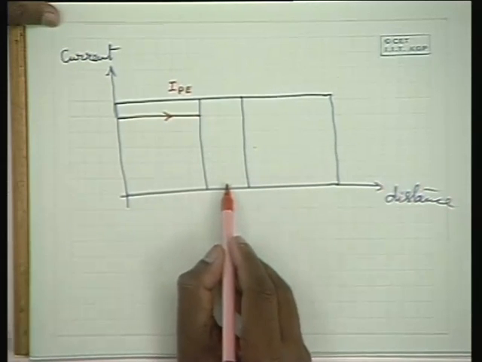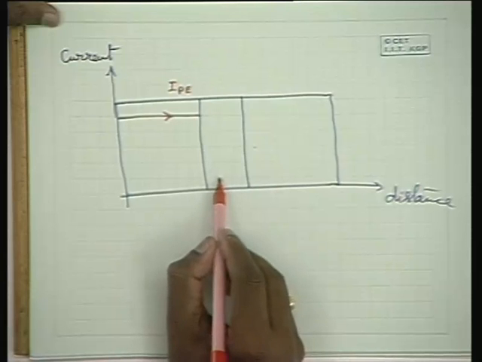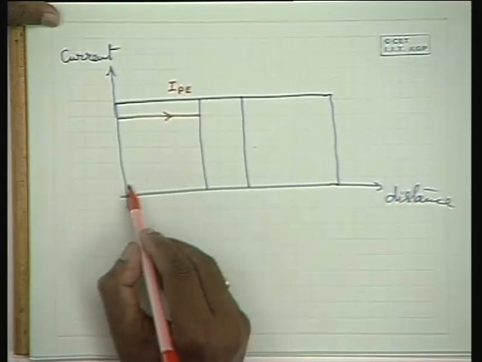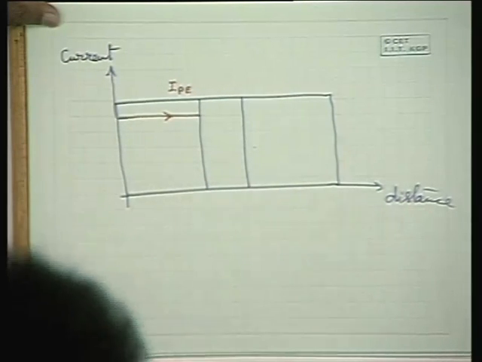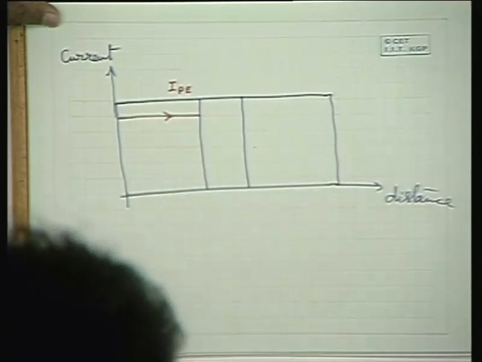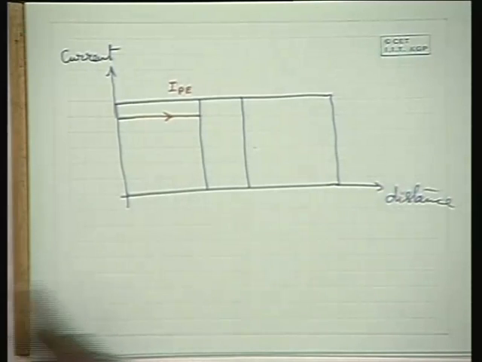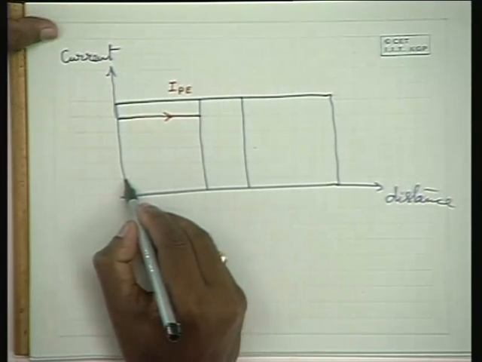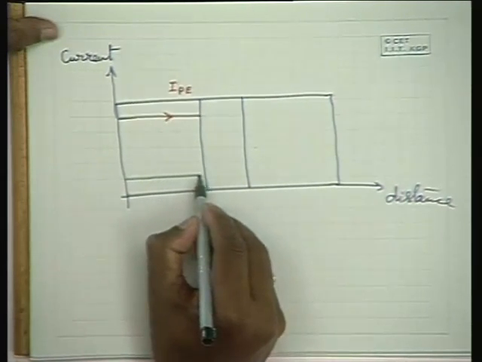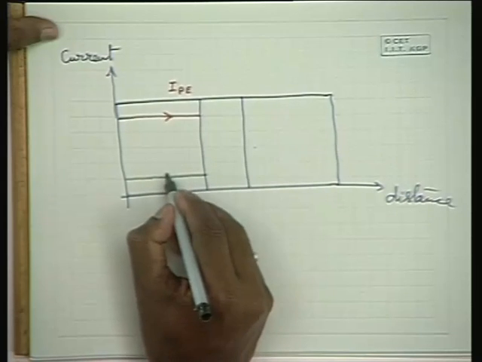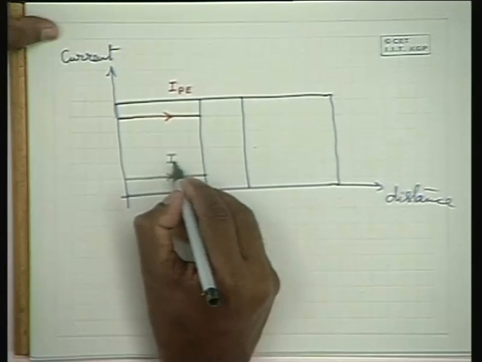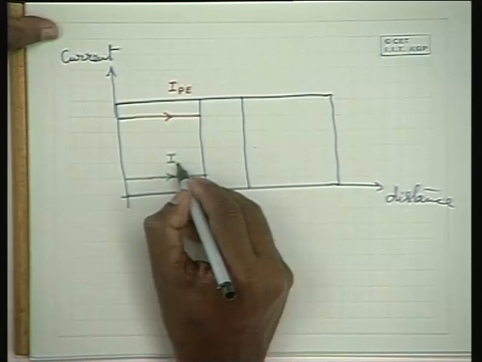And due to diffusion of electrons from the base region into the emitter region, you have again here an emitter current, positive emitter current, and let me indicate it as INE.